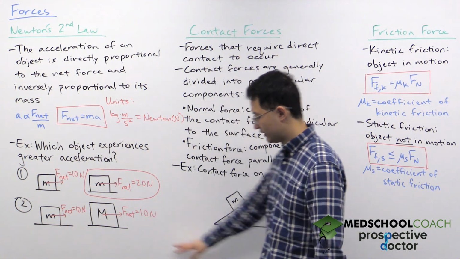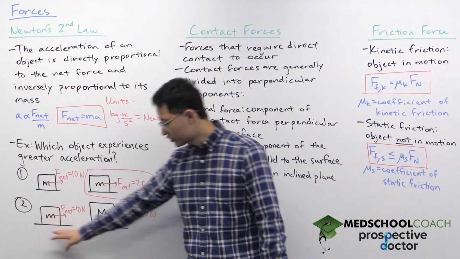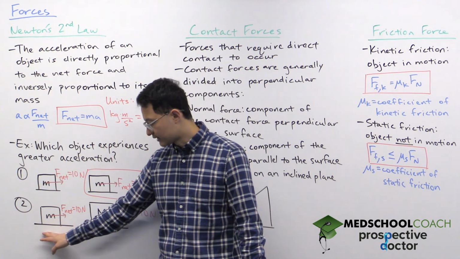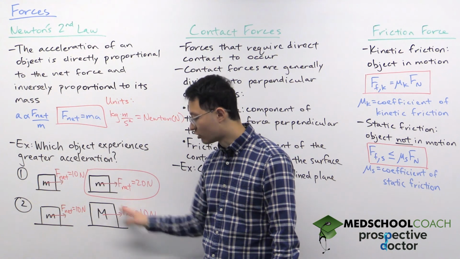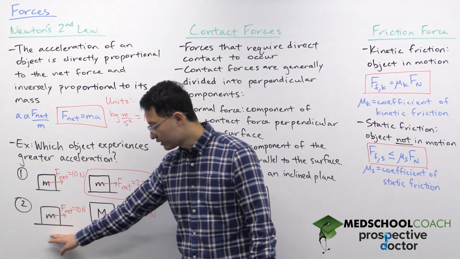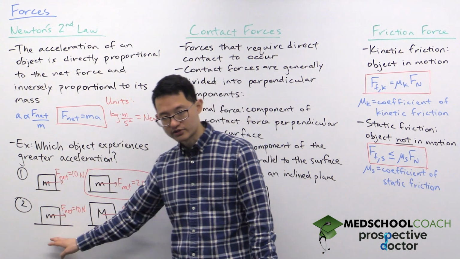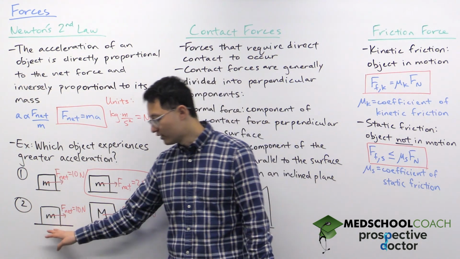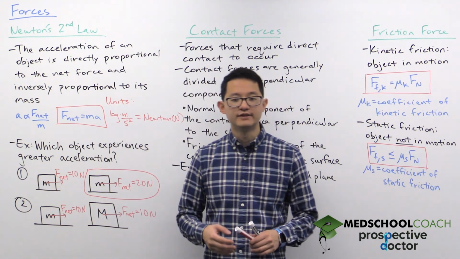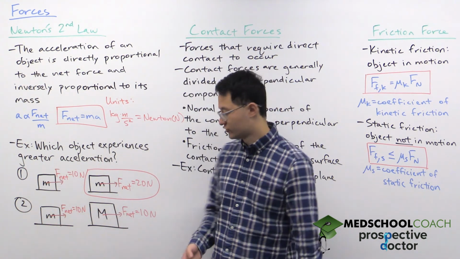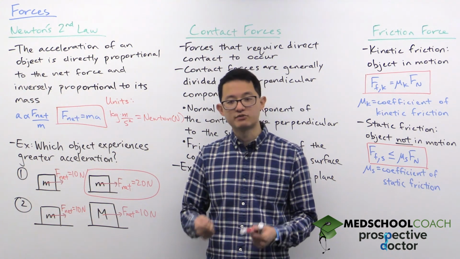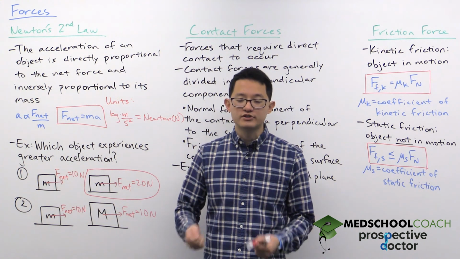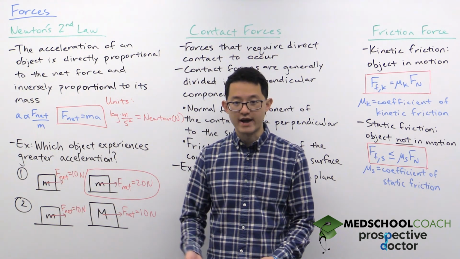All right, in our second example, we have two objects. The object on the left has a smaller mass than the object on the right, which has a larger mass. We're applying the same net force on both objects, so they're both experiencing a net force of 10 newtons to the right. Here, what we know is that the acceleration experienced by an object is inversely proportional to its mass.